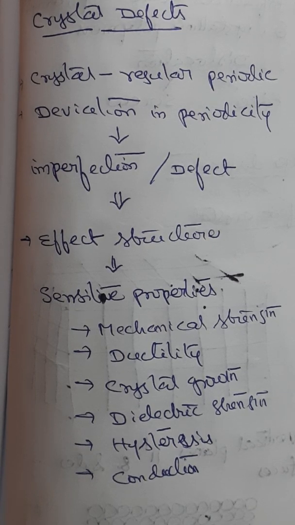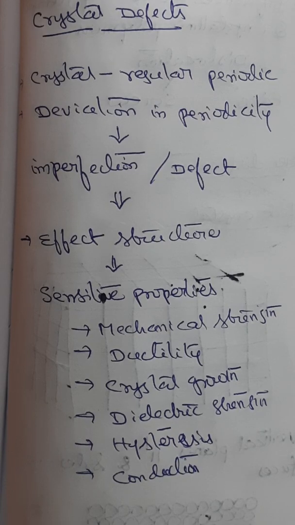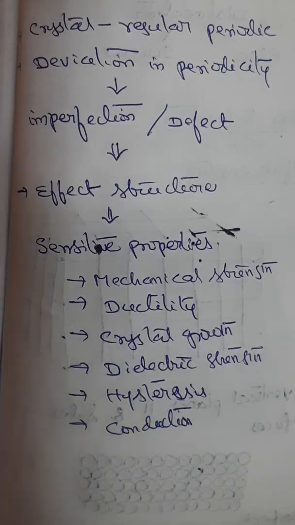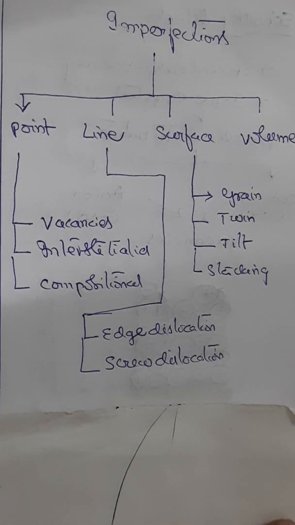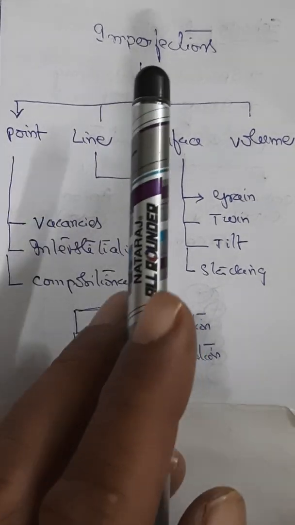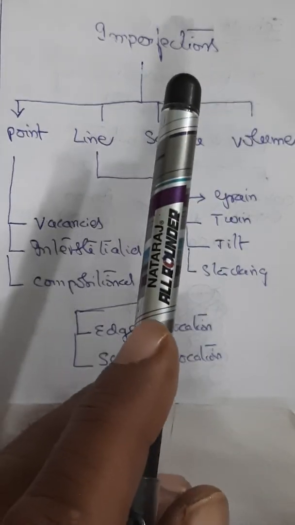So the imperfections or crystal defects may be confined to a point, a line, a surface, or a volume of a crystal. Based on the type of imperfection, the defects have been classified into a number of categories, as shown here schematically. Broadly, you can consider defects as point defects, line defects, surface defects and volume defects.